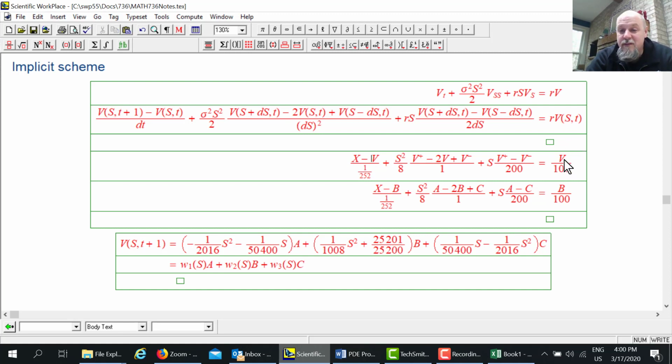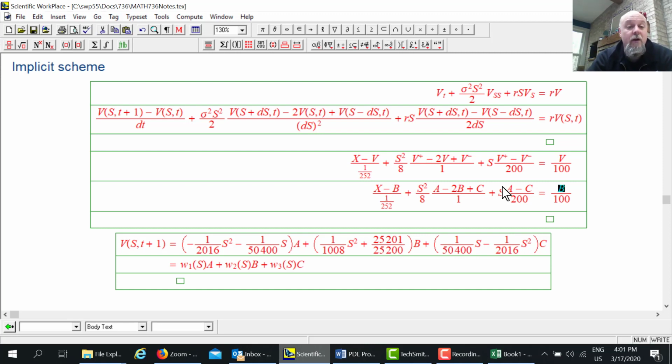But here I left this as a B and not an X. Why? Well, because when we set this up last time with the implicit, it did work out nice. Our weights did collapse down into just the proper time value of money.